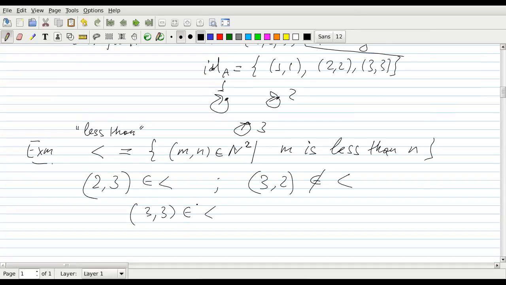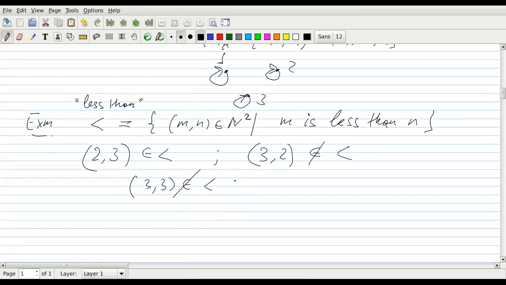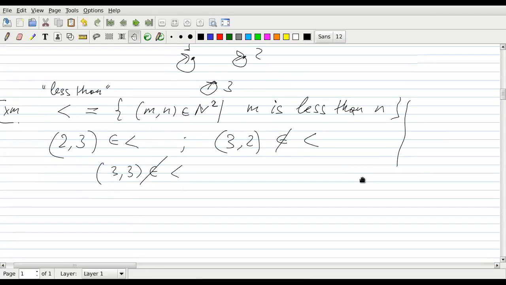No. So if you try to draw the diagram for this relation, you will discover that it is infinite. So it's not possible to make such a drawing in any finite time. So less than is a typical binary relation.